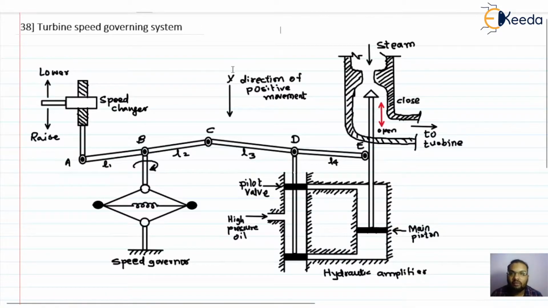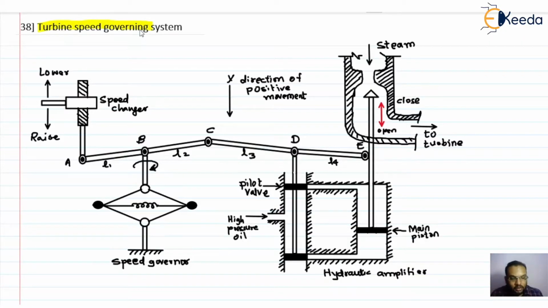Out of that, the first one was the turbine speed governing system, how this speed governing system will respond to change in the load. So first we will understand the working of this speed governing system, or I can say the working of the turbine speed governing mechanism.